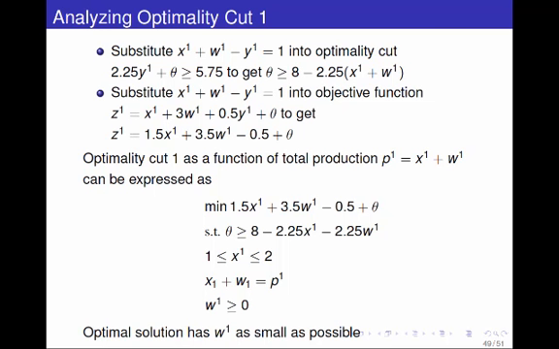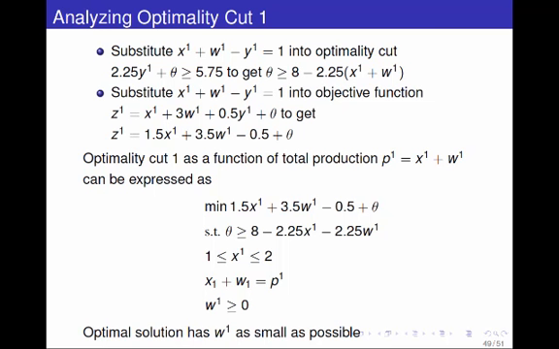That's what's done in the book, basically. So what I'm going to try and do here is drop the y variable, so you can see the value function as a function of total production for period 1.